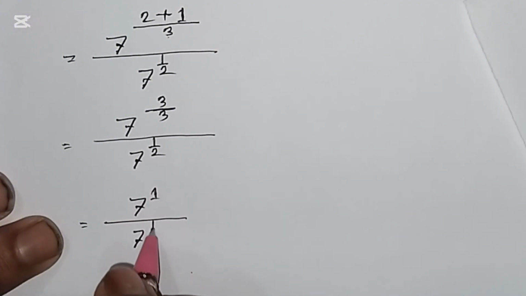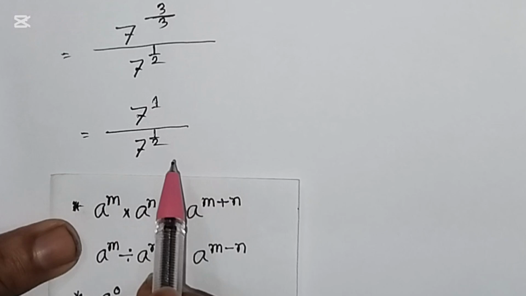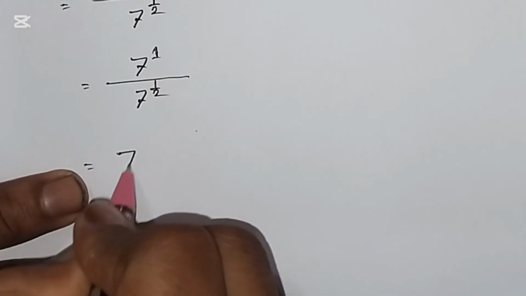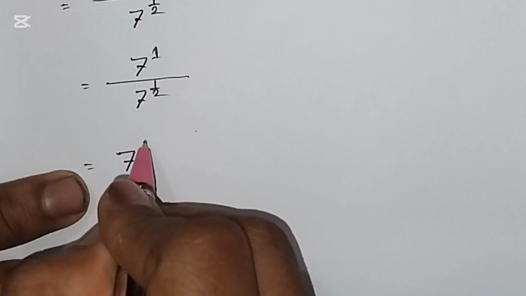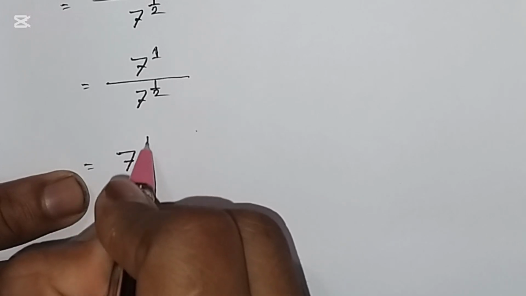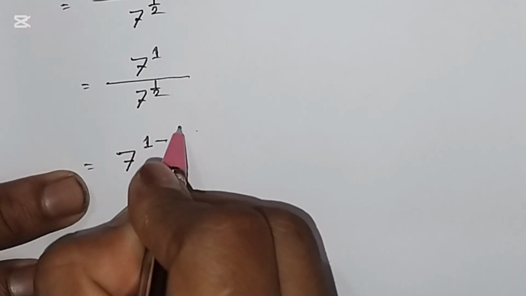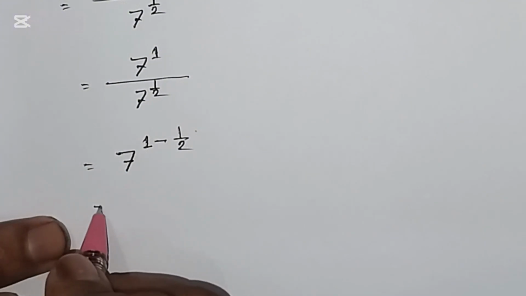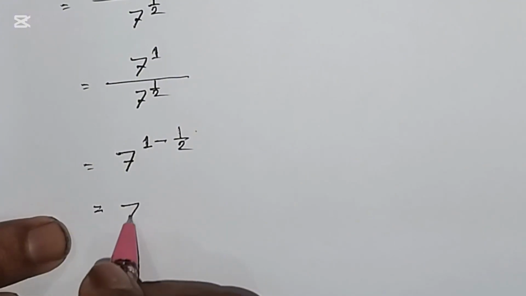By 7 power half. Now we will apply the index law of division. That means a power m divided by a power n equals a power m minus n. Here the similar base is 7, so their powers will be subtracted: 1 minus half equals 7 power.